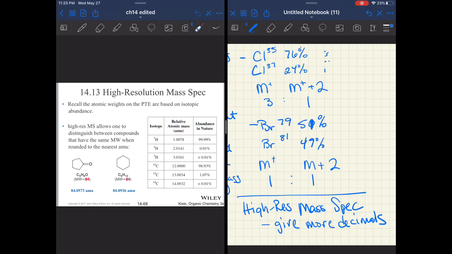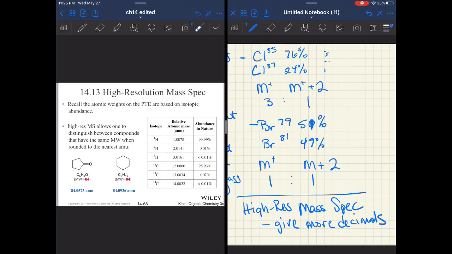Here we go. If we just take, let's say, cyclopentanone and cyclohexane, and we run kind of a regular rudimentary or low-res mass spec, they're both going to come out at 84. So you would not be able to use the mass spec to tell the difference between the two.